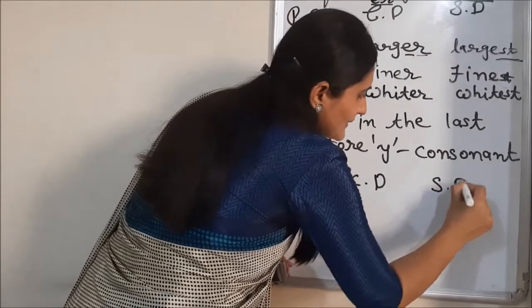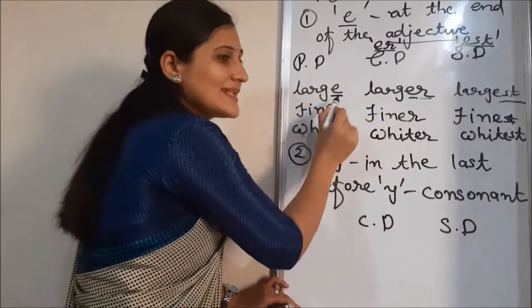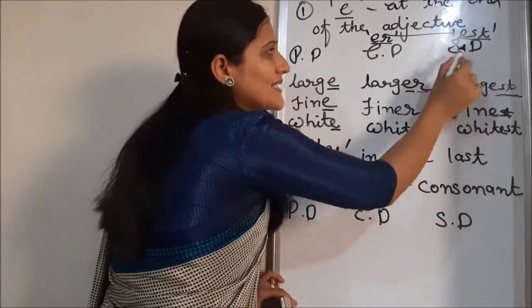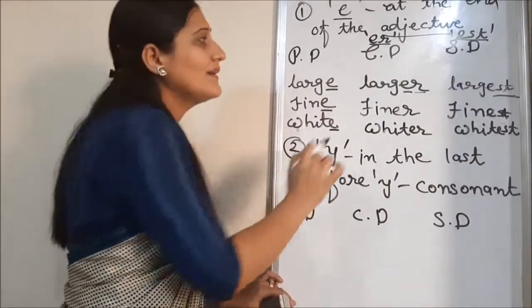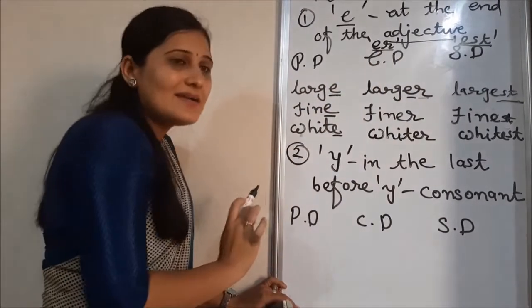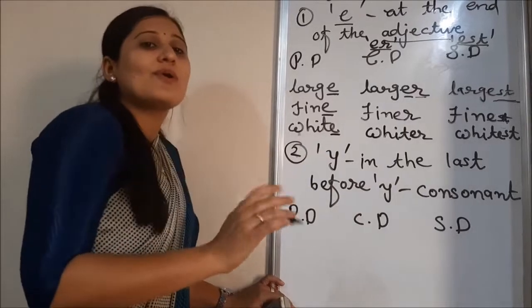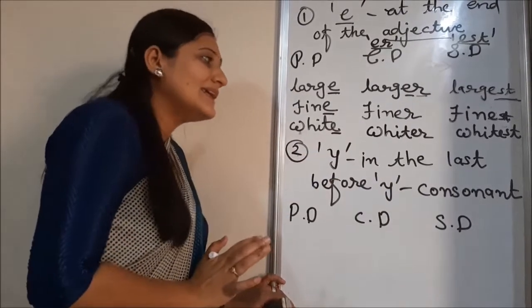See, first rule, E is given last, we will add R in comparative, we will add ST in superlative. But generally, in comparative, we will add ER, and in superlative, we will add EST, right? And we will follow the other rules that I discussed.